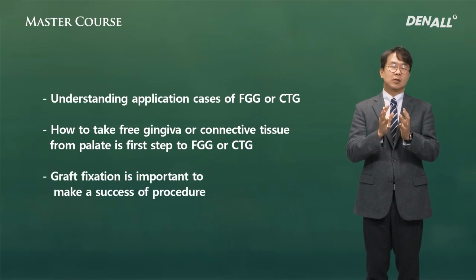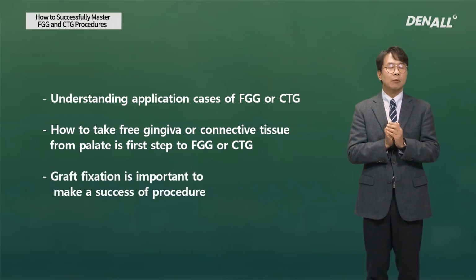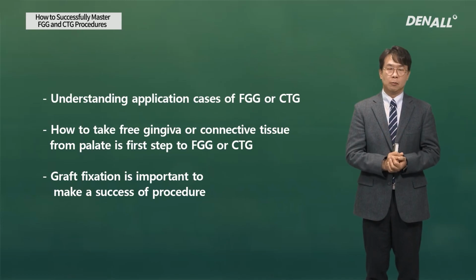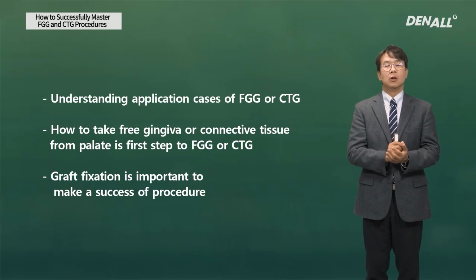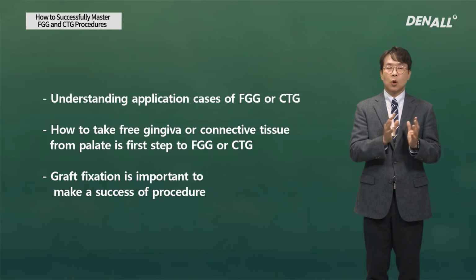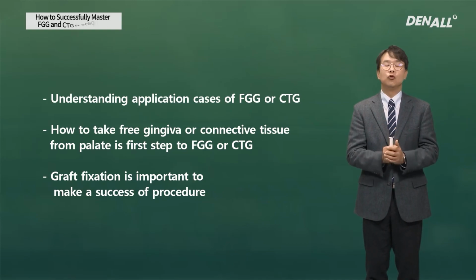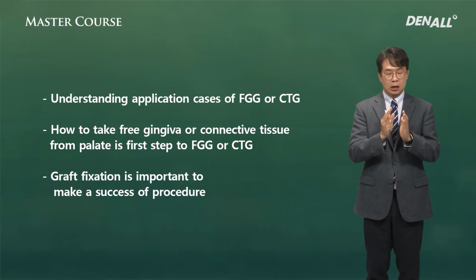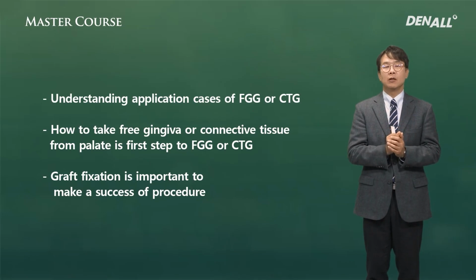And many people overlook this, which is graft fixation, that is determining the success or failure of the procedure. So graft fixation is highly important. You need to make a lot of efforts to fixate the graft.